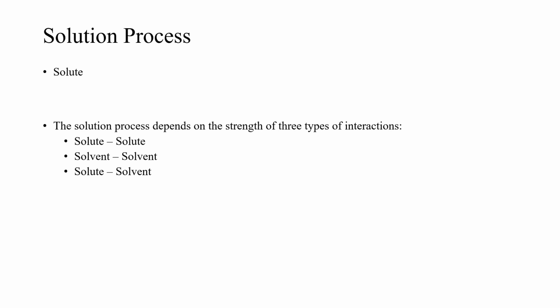For your ionic compounds, you will have a metal combined with nonmetals or metals combined with polyatomic ions, or you might have NH4 plus, which is ammonium, combined with a nonmetal or with a polyatomic ion. So let's make some notes in here.